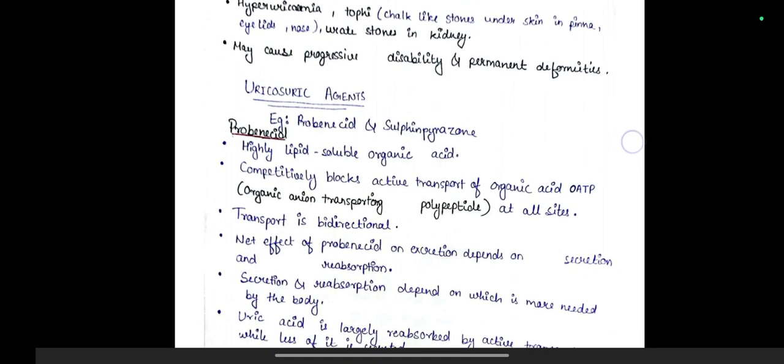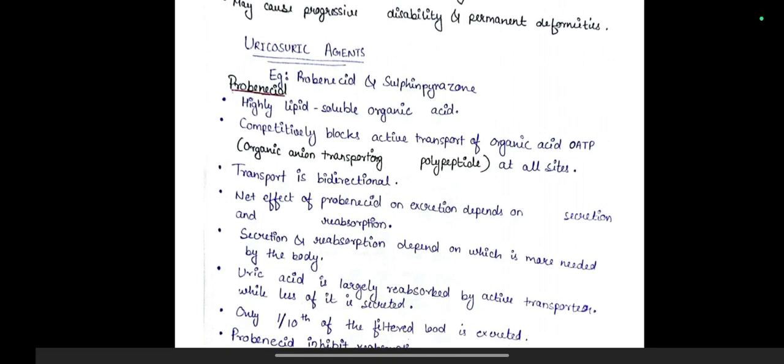Uricosuric agents involve probenecid and sulfinpyrazone. Probenecid is a highly lipid soluble organic acid. It competitively blocks active transport of organic acids, OATP, which is organic anion transporting polypeptide, at all sites. Generally transport is bidirectional.